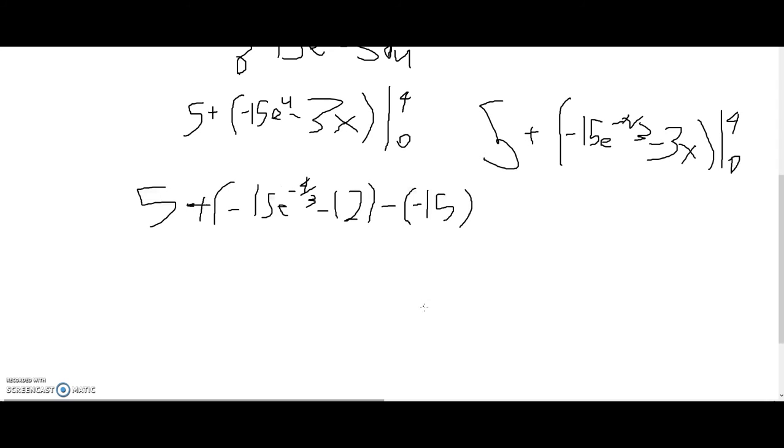After simplifying this equation, we get the final answer to be 8 minus 15 e to the negative 4 thirds.